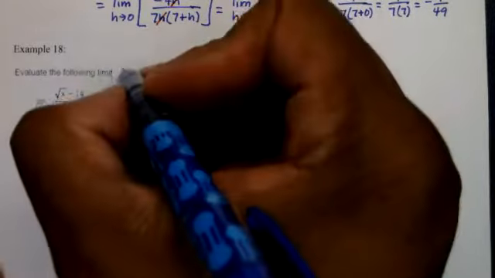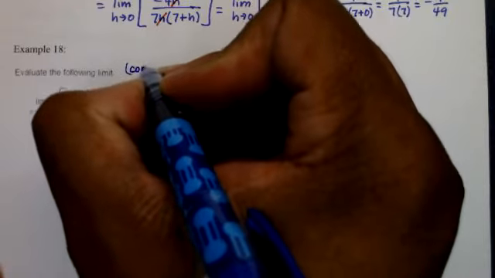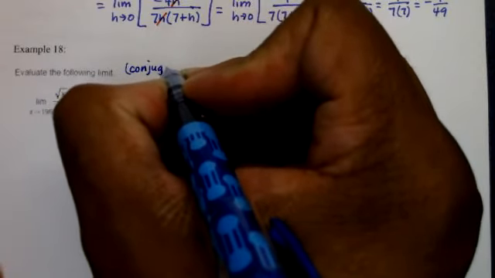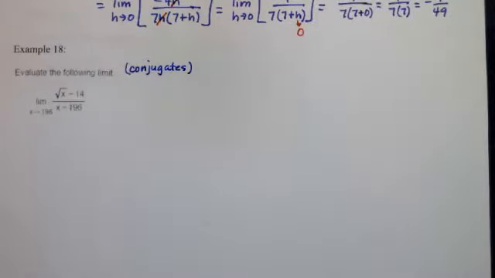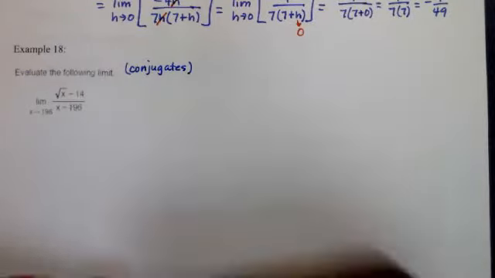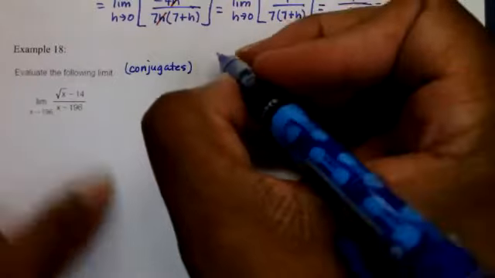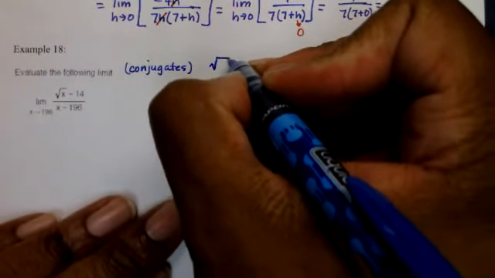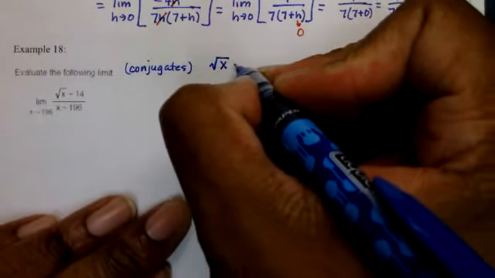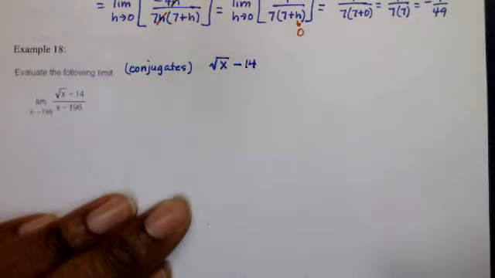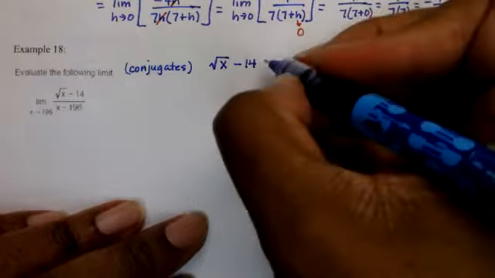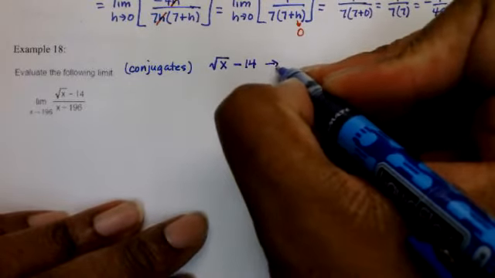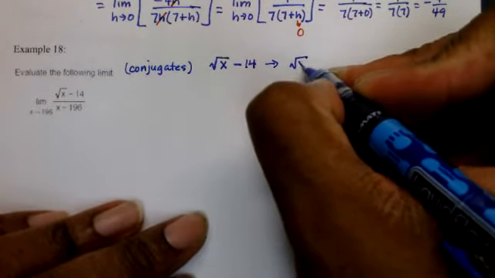I'm going to be using what they call conjugates. And what I mean by that is this. I'm going to work with the numerator here because I got that square root of x. The conjugate of the square root of x minus 14 is going to be this.